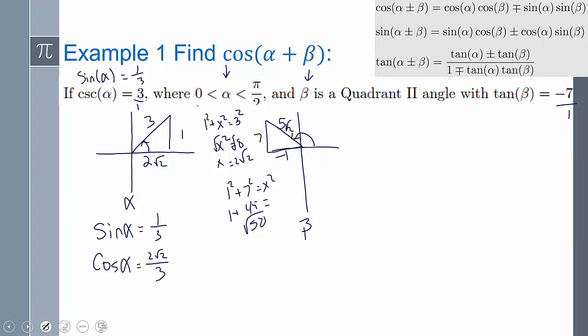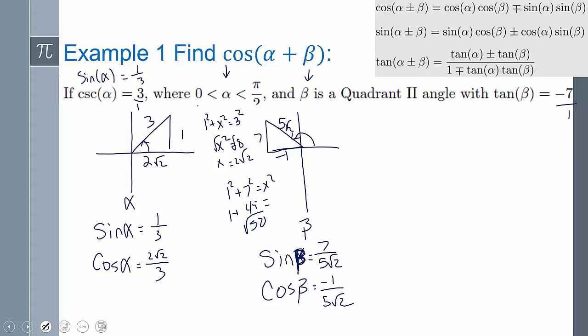So now, if I wanted to find my sine alpha, that's going to be opposite over hypotenuse. And my cosine, this is beta. If I wanted to find my cosine beta, that's going to be adjacent over hypotenuse.